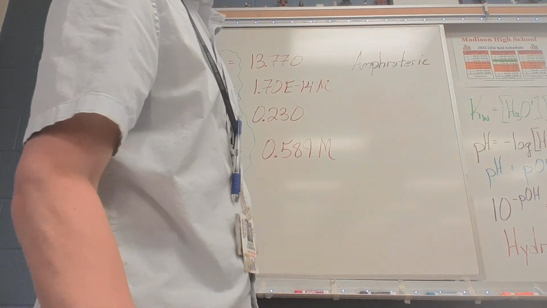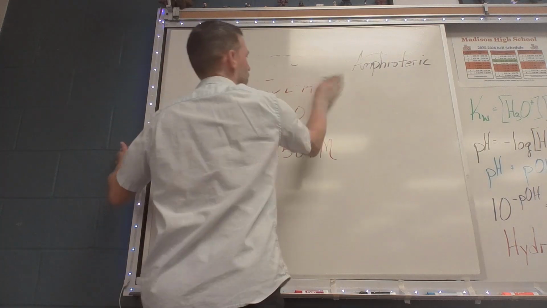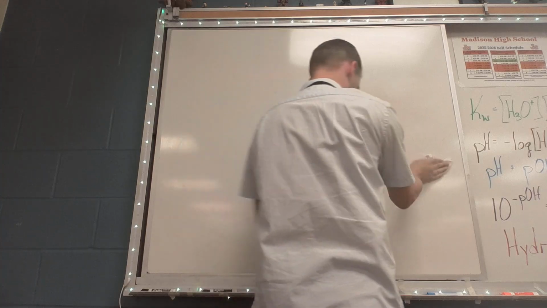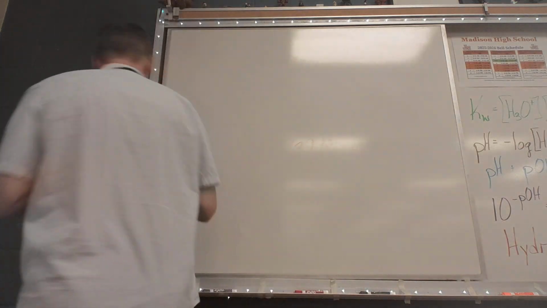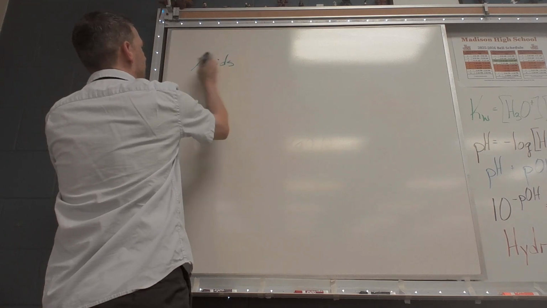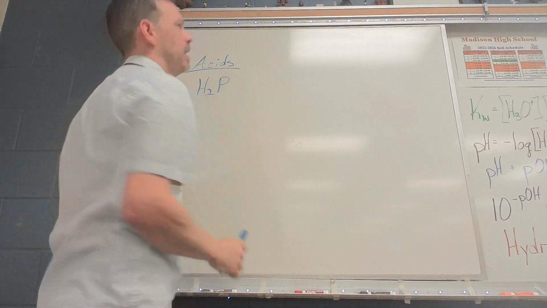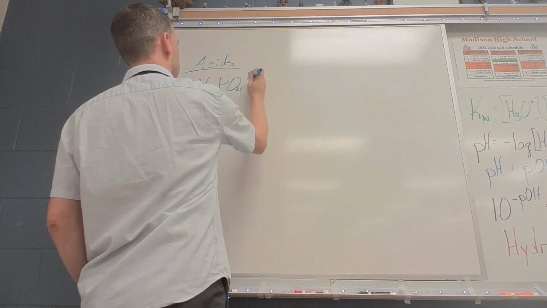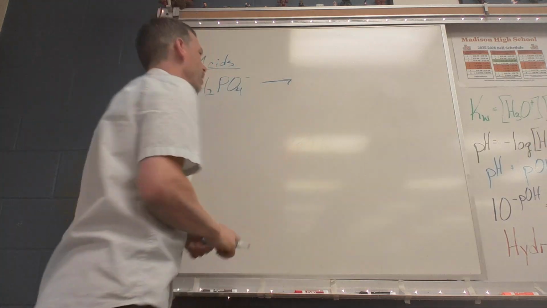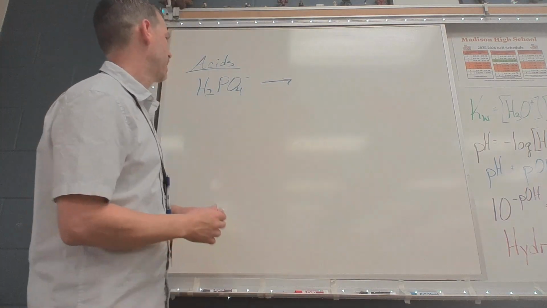All right. Let's do some examples. We'll start with the acids. All right, so if something is acting as a Bronsted-Lowry acid, such as H2PO4 minus, what we want to change that into, we're going to get rid of an H plus.